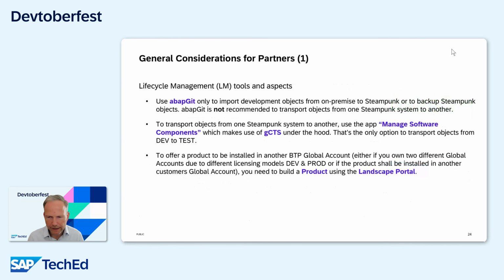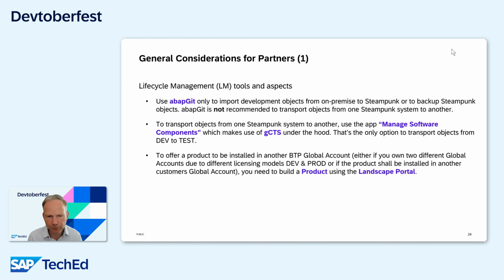All right, so in order to finally build a product which can be deployed in one of these two ways, you should really be aware of the different lifecycle management tools which we are offering. And I would like to explain this very shortly. So we have basically the ABAP Git tool, which is only used to import development objects initially into a Steampunk system, for example from an on-premise system or from another type of system.